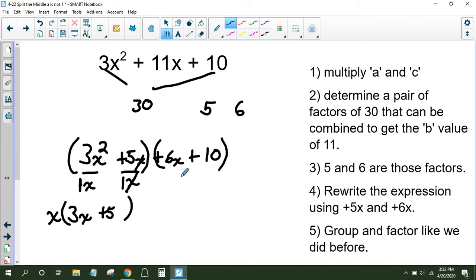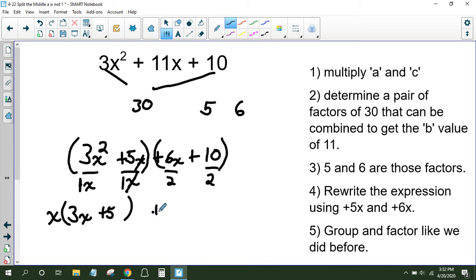Next set. What can we divide both of these terms by? Well, the largest number that we could divide both a 6 and a 10 by is 2. And since the only term that has an x is this first one, we can't divide by an x in this instance.